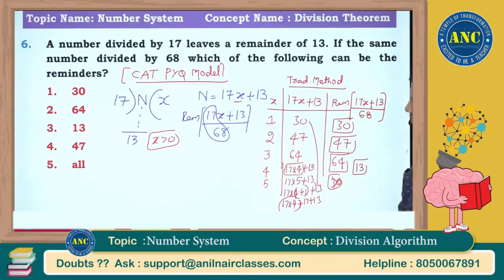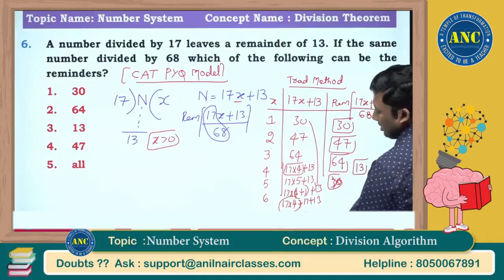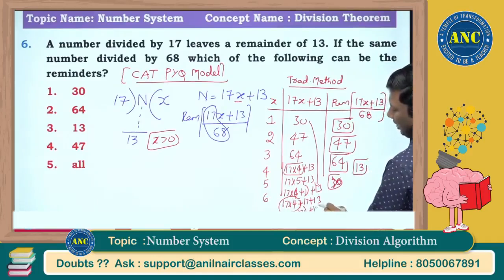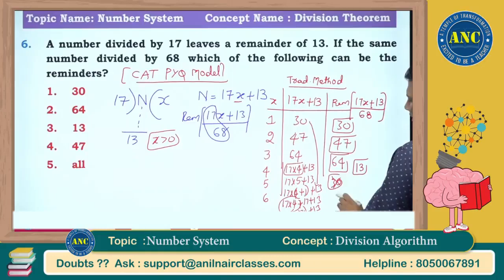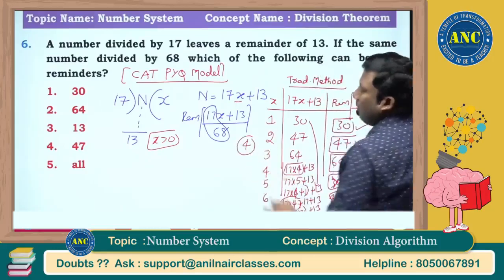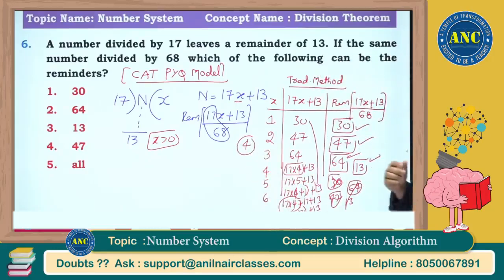If it is 6, 6 can be written as 4 plus 2, 34 plus 13 is 47. So the same remainders repeat. That means how many possible remainders can it have? 4. I hope it is clear.